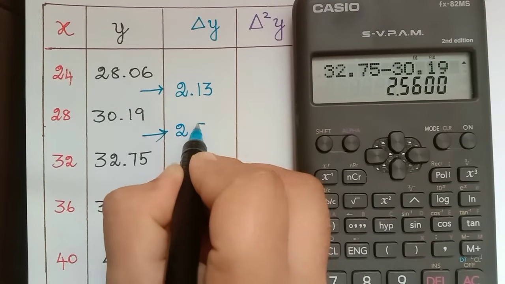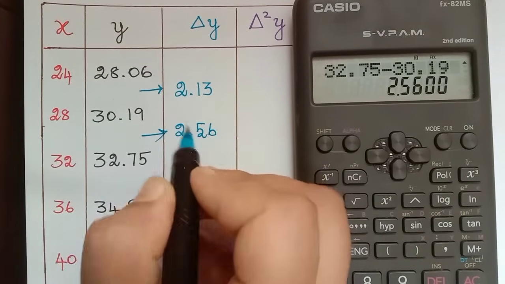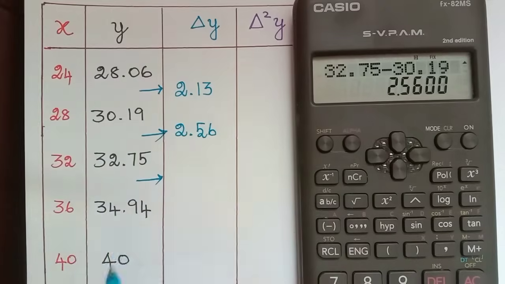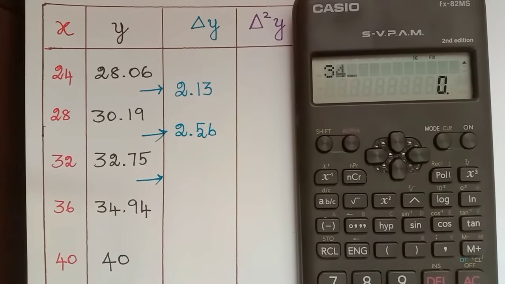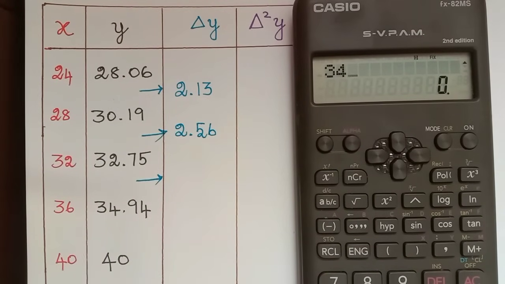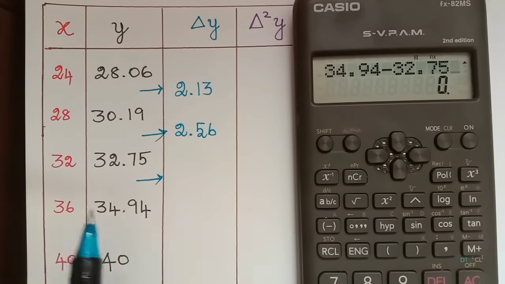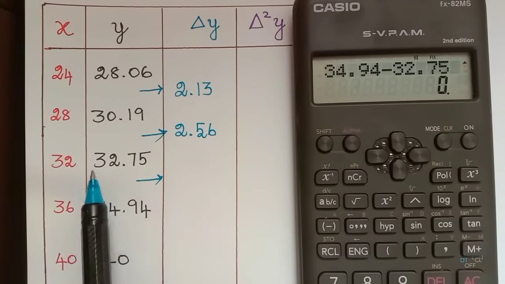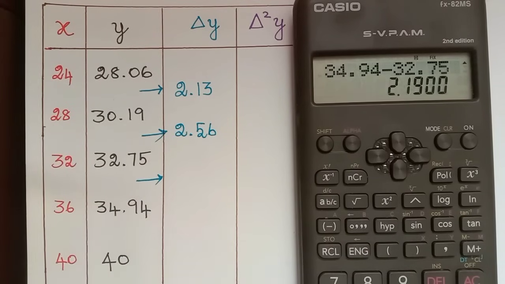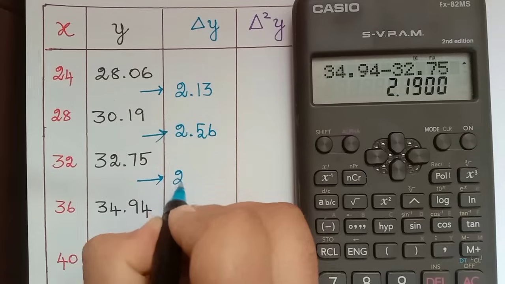So that we have to enter here. So 2.56. Then now here 34.94 minus 32.75, which is equal to 2.19.